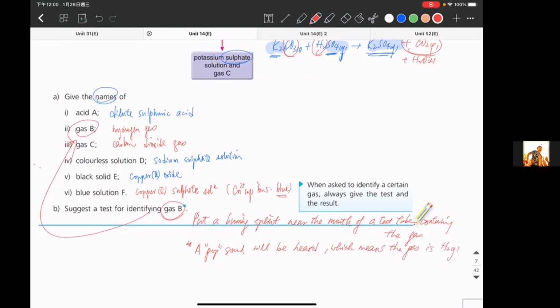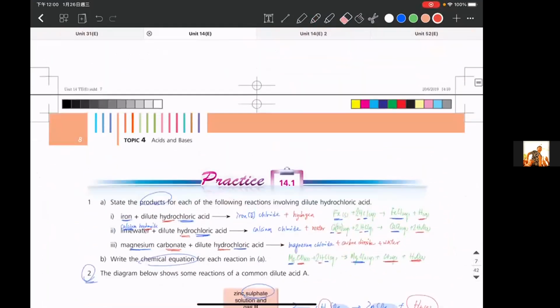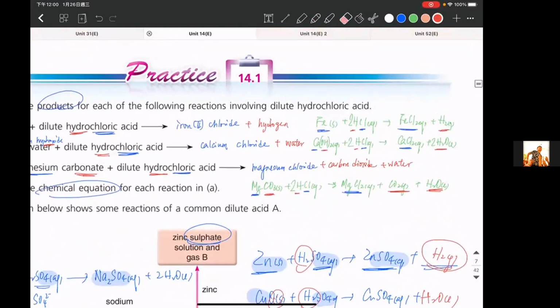Okay, is that clear? So you have got a very authentic way of expressing the test of the gas. Of course, I would do the same by asking you about carbon dioxide, right? You bubble the gas into lime water and check if the colorless lime water turns milky. You understand? Any questions so far? Last time we also did that, right?